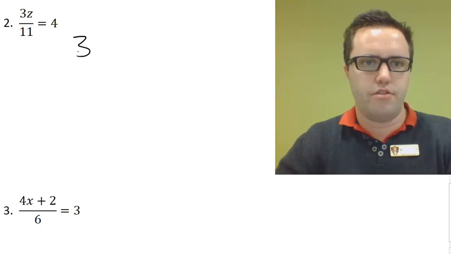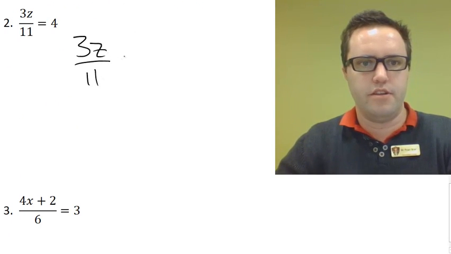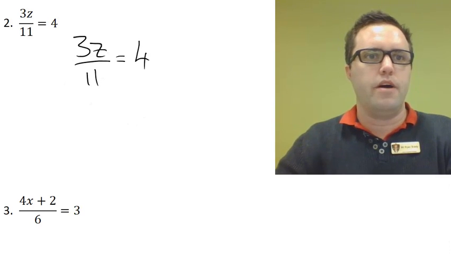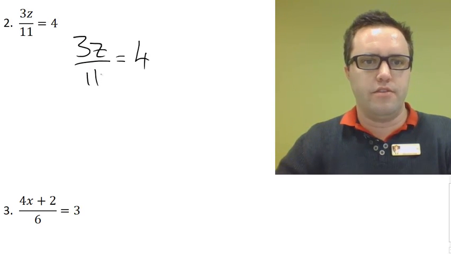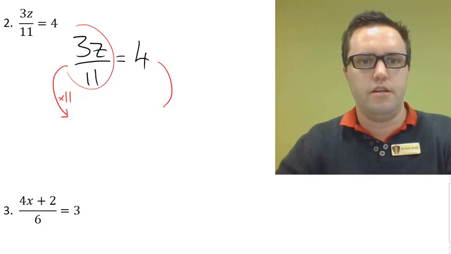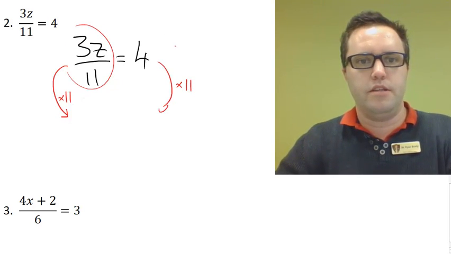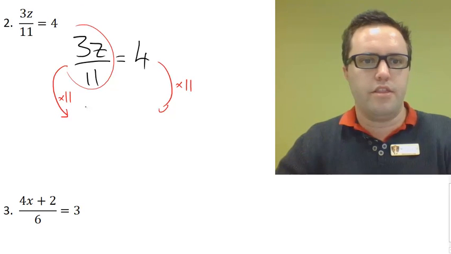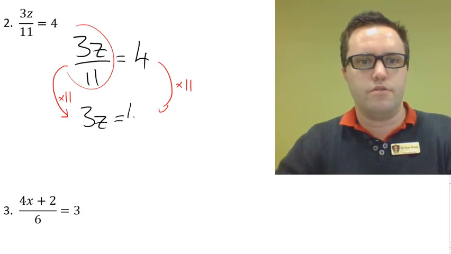Right, 3z over 11 equals 4. So 3z over 11 equals 4. Right, we are dividing by 11 here in this term, so we're going to multiply by 11, and we will end up with 3z equals 44.